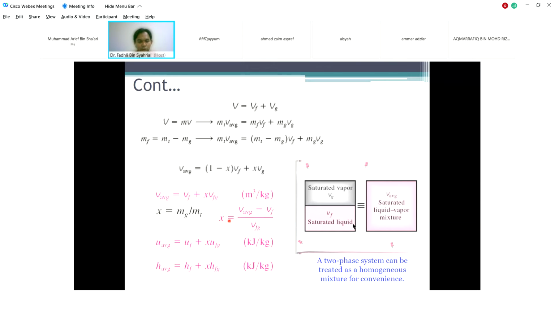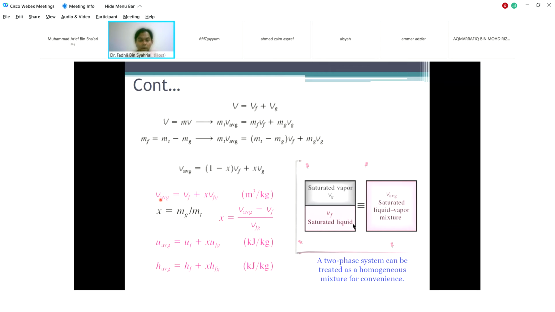This one, x equal to V average minus Vf divided by Vfg, came from this equation. If you rearrange this equation, then you will get this one. So do not worry, this is simple mathematics. Just rearrange the equation. Next, this is for the case of specific volume.